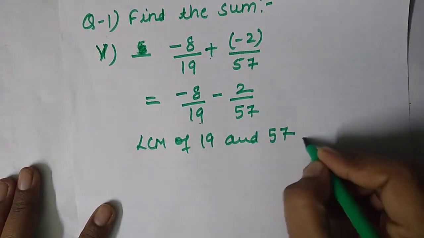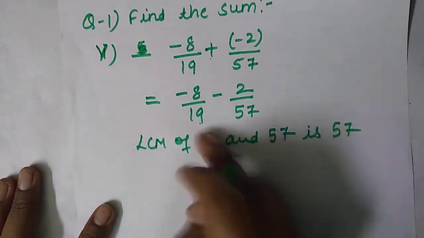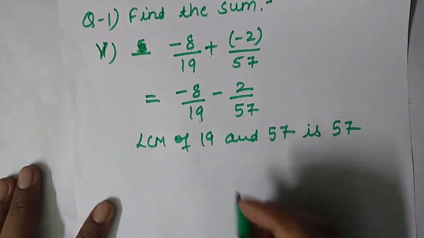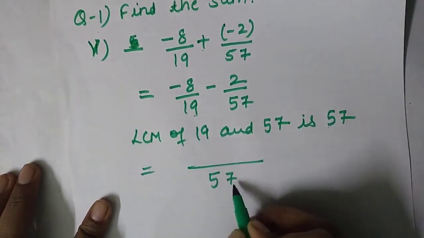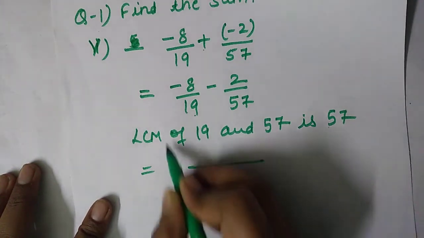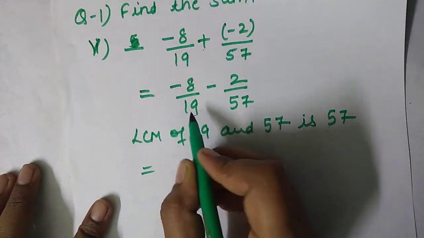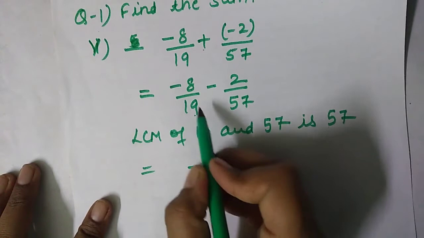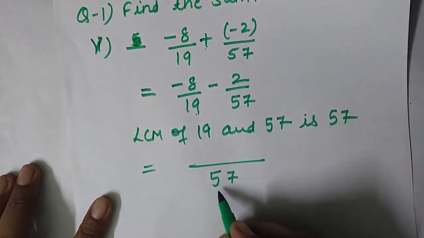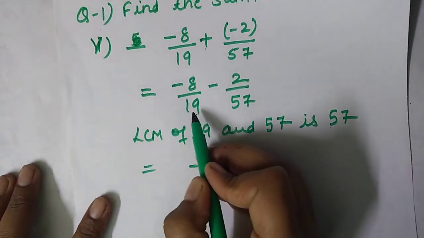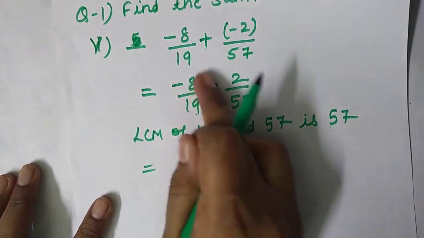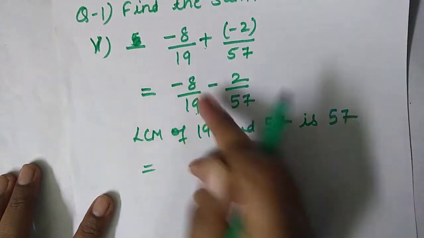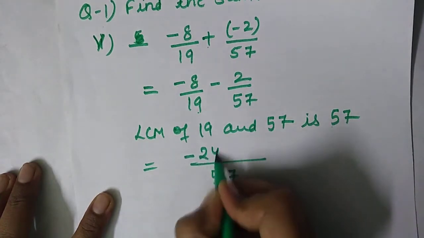LCM of 19 and 57 is 57. Now this LCM is divided with the denominator, and whatever comes, that should be multiplied with the numerator. 57 when divided by 19 will be 3, and 3 when multiplied with minus 8, 3 into minus 8 is minus 24.